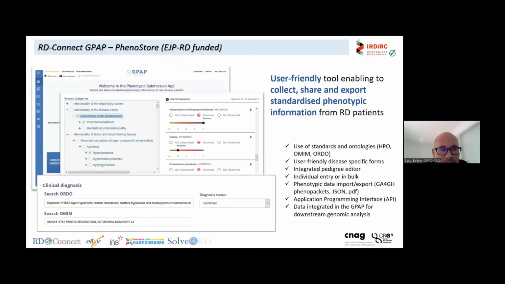So what does the system look like, the graphical user interface? Here we have a few screenshots of the PhenoStore, which is the system that we use to collect the phenotypic and clinical information from the patients with rare disease and the relatives. With this tool, we are using, as I mentioned before, standards: HPO, OMIM, ORDO.